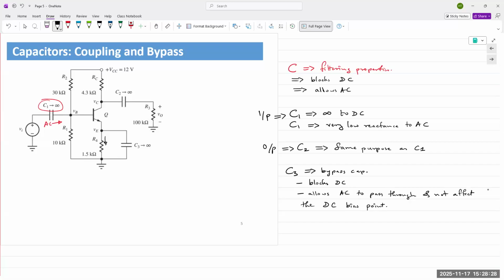Okay. The C1 and C2 are coupling capacitors, and C3 would be known as a bypass capacitor. It's also sometimes referred to as emitter bypass capacitor.